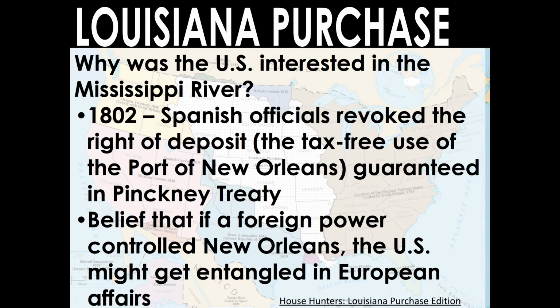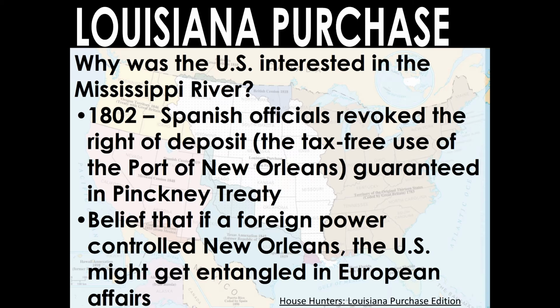And also, once again, why was the U.S. interested in the Mississippi River? So in 1802, Spanish officials revoked the right to deposit, the tax-free use of the port of New Orleans, guaranteed in the Pinckney Treaty. And it was believed that if a foreign power controlled New Orleans, the U.S. might get entangled in European affairs.